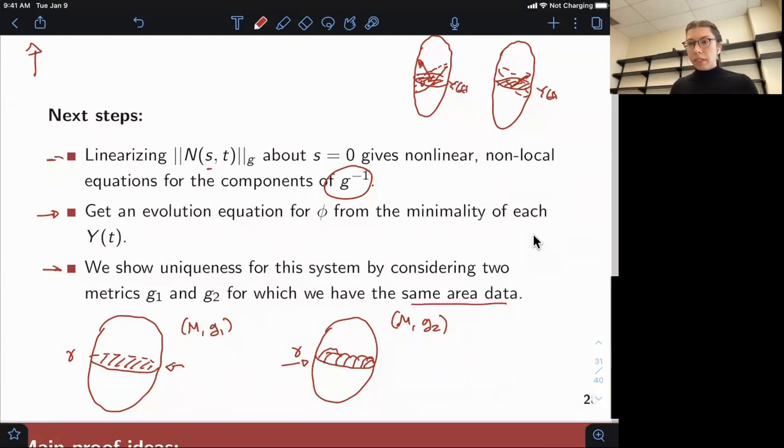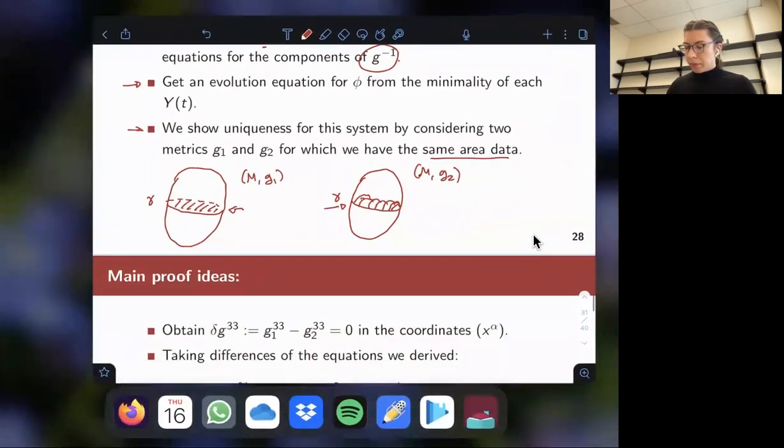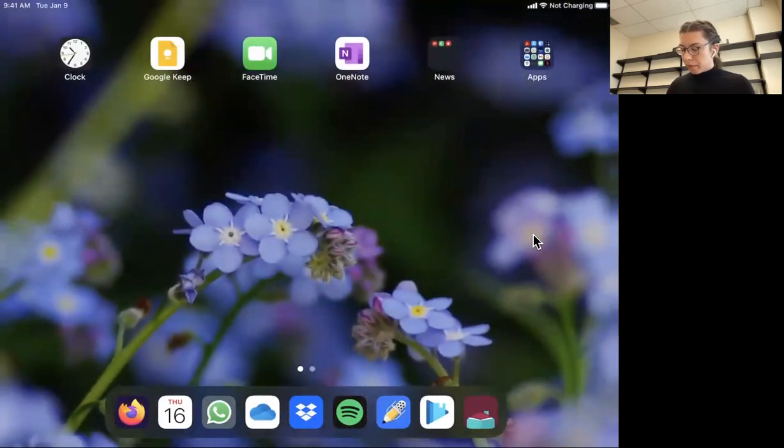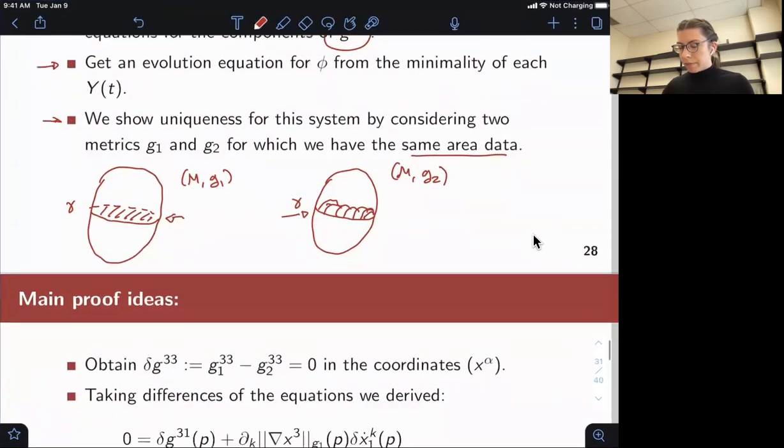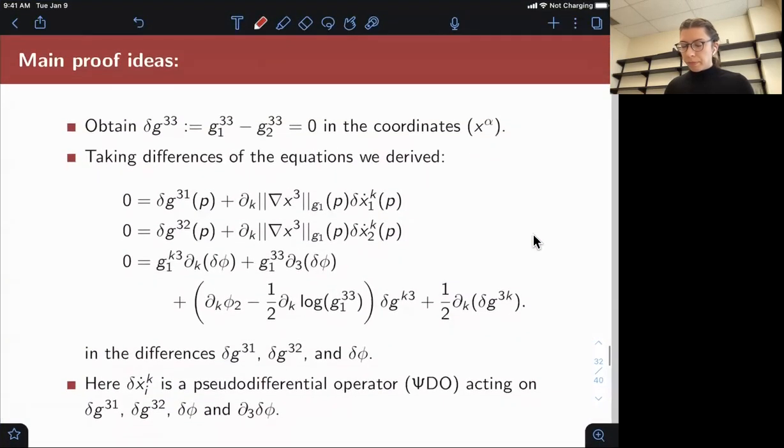So that's what I mean by they have the same area data. All right, so now let's tackle this uniqueness problem. Okay, so if I now linearize these equations and take the difference, I have two sets of equations, one for metric number 1 and one for metric number 2, and I take the differences, what do I get?